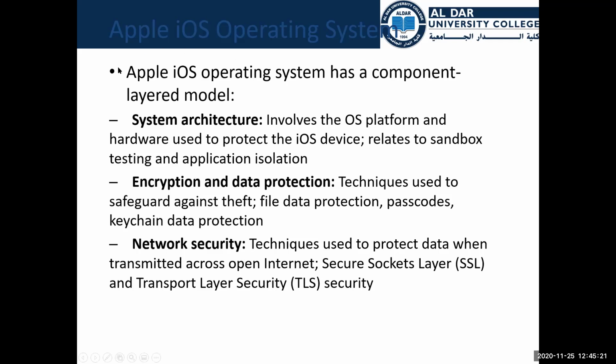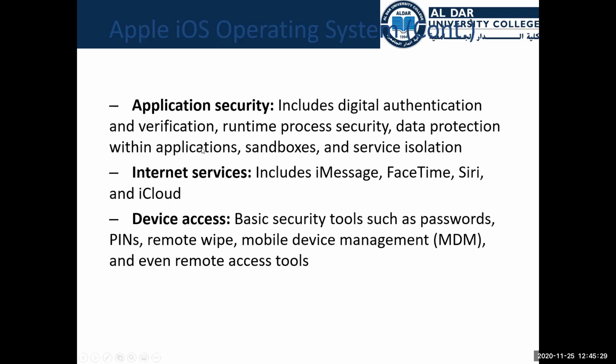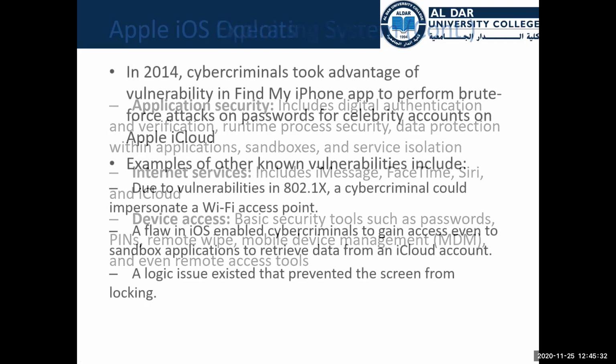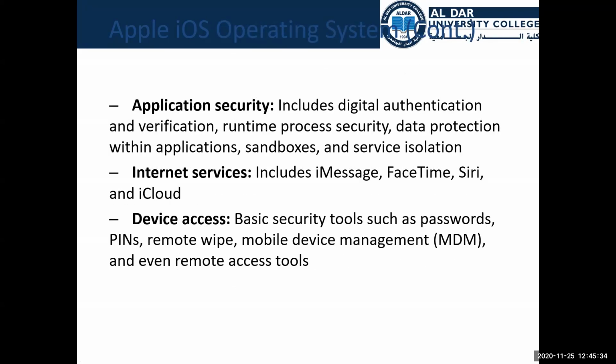So when we talk about Apple operating system or Apple iOS security, we have to concentrate on the three parts here. I think the 6 parts, not 3. They are 6 parts.